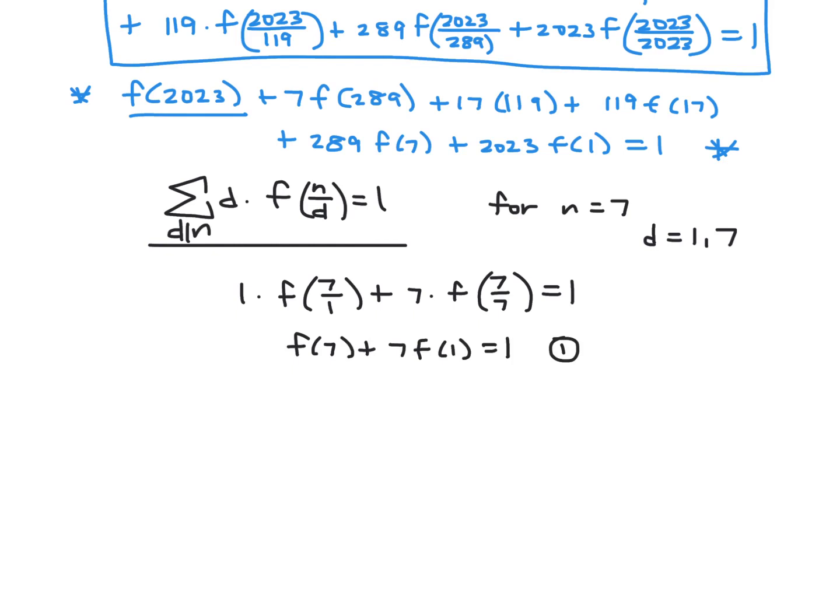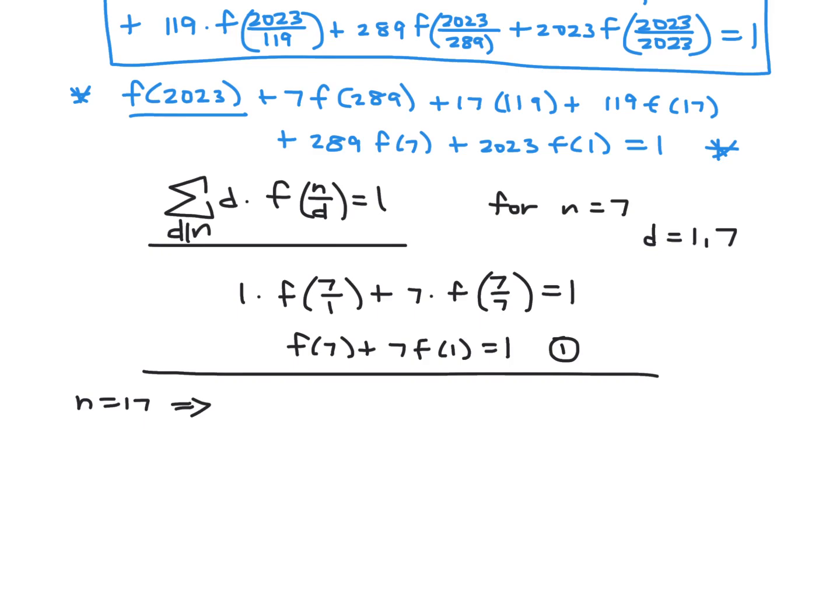And then we are going to do very similarly the same kind of thing, but this time for n equals 17. When you do it for n equals 17, by now hopefully you're experts.